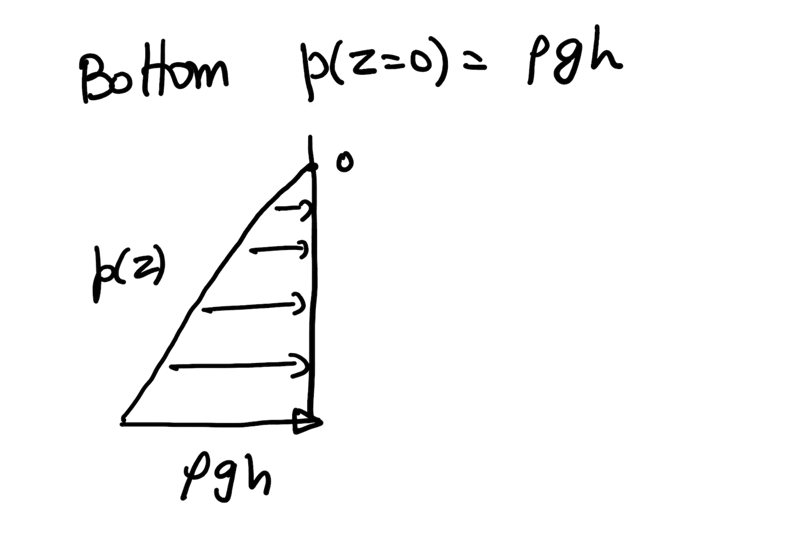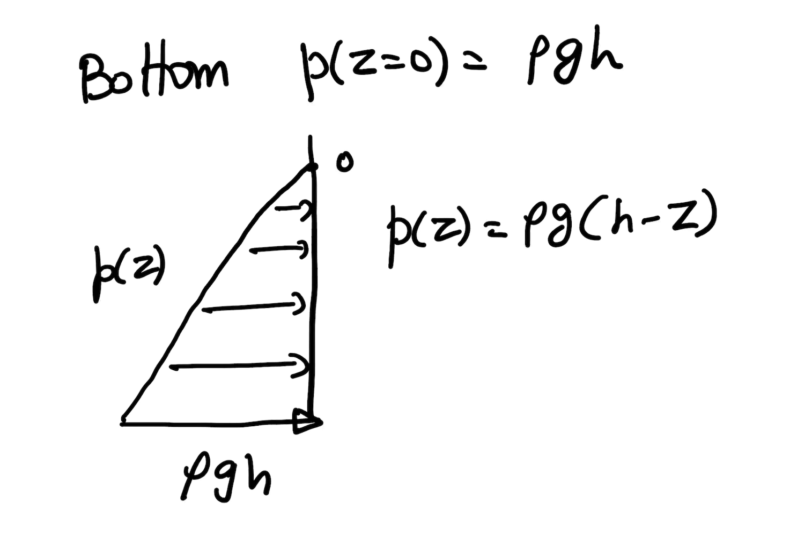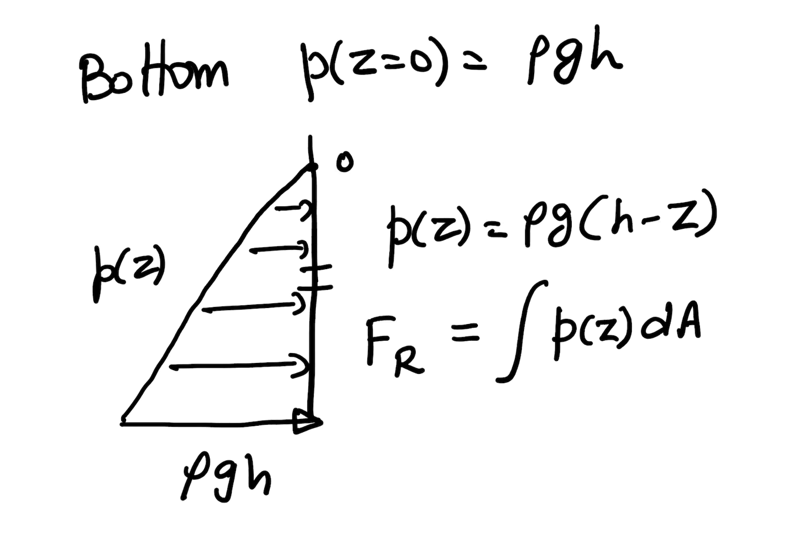You have P of Z. P of Z is rho G times H minus Z. You want to compute the resultant force acting on the side wall, which you can compute as the pressure times a differential area integrated over the entire area.